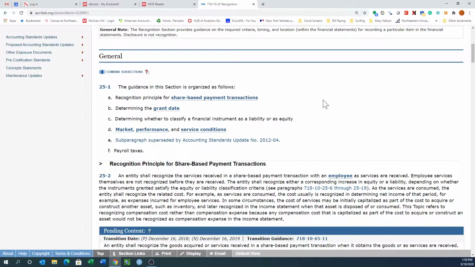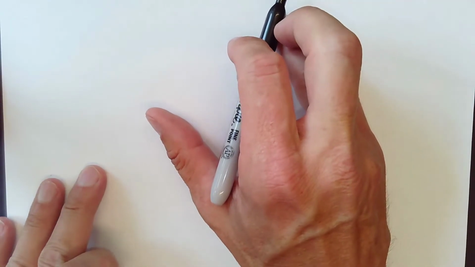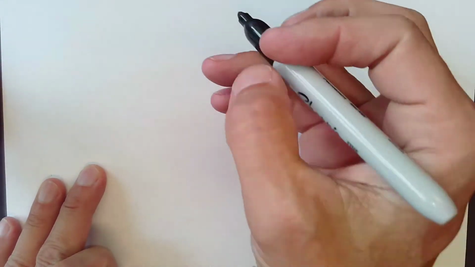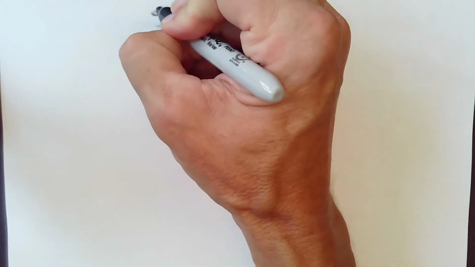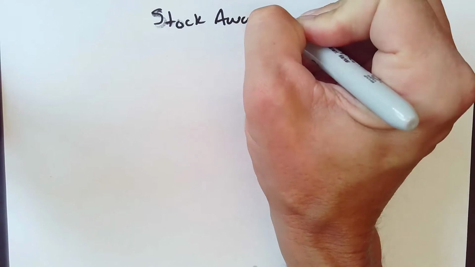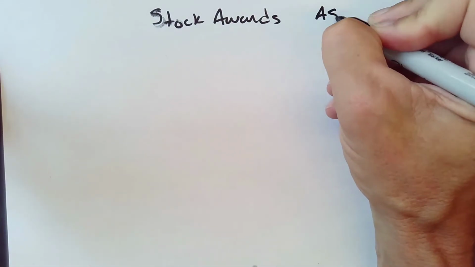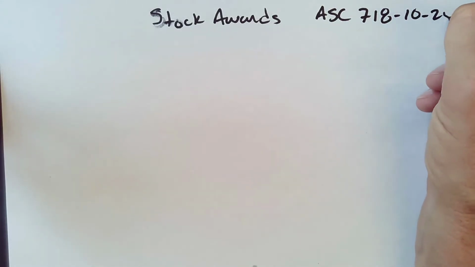So let's take a look and just jot down some notes here of what we're thinking about. So this is just general stock awards, right? This is general stock awards. And we're in ASC 718-10-25, right?